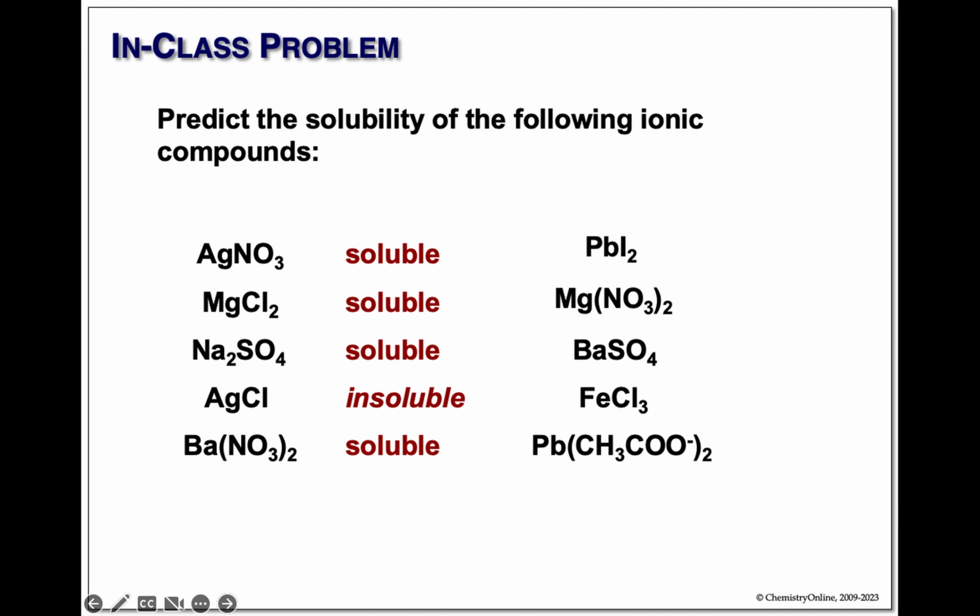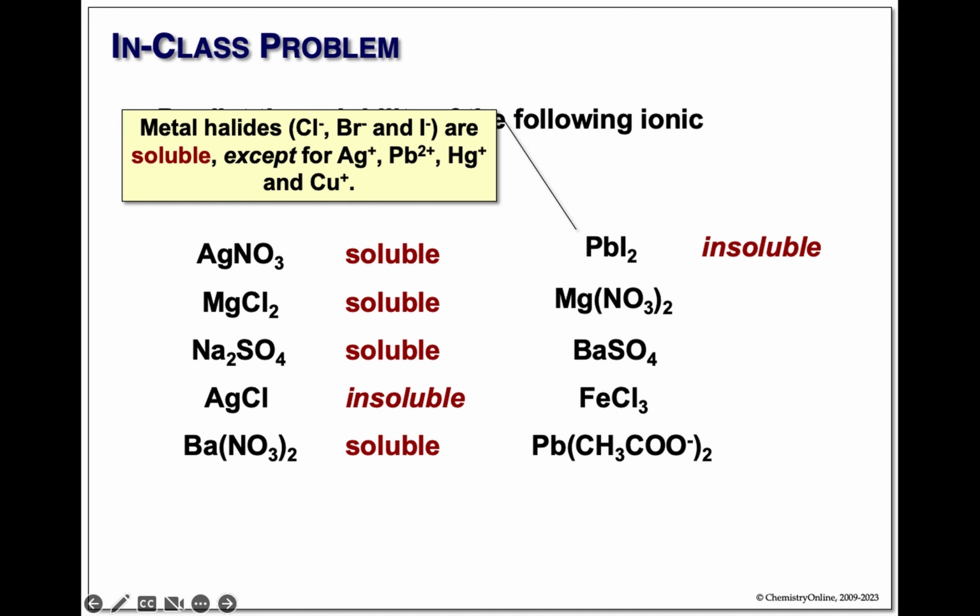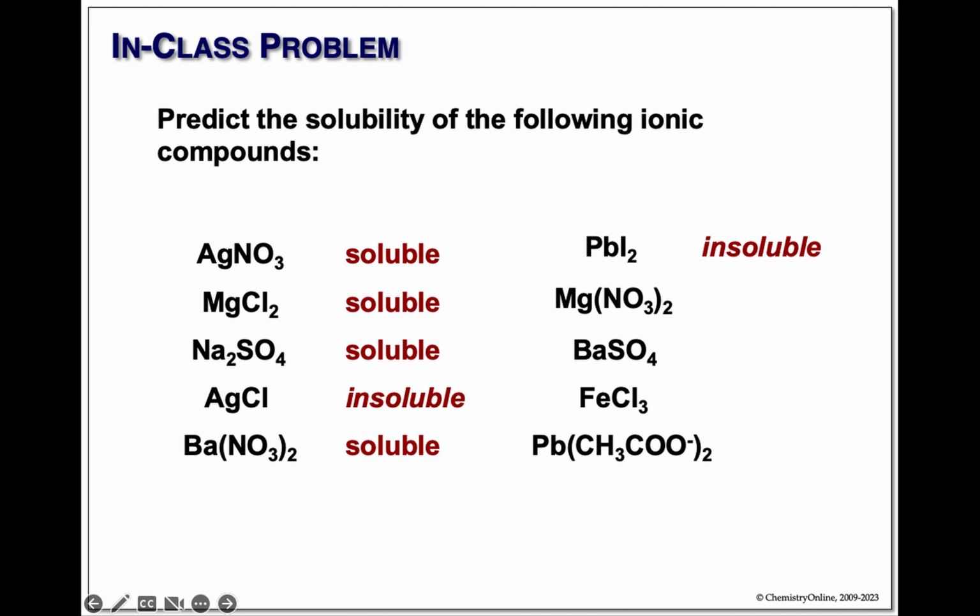Beautiful yellow substance. Most metal halides are soluble except for the heavy metals. Lead, silver, mercury, and copper. Magnesium nitrate. Hey, it's a nitrate. It's soluble.